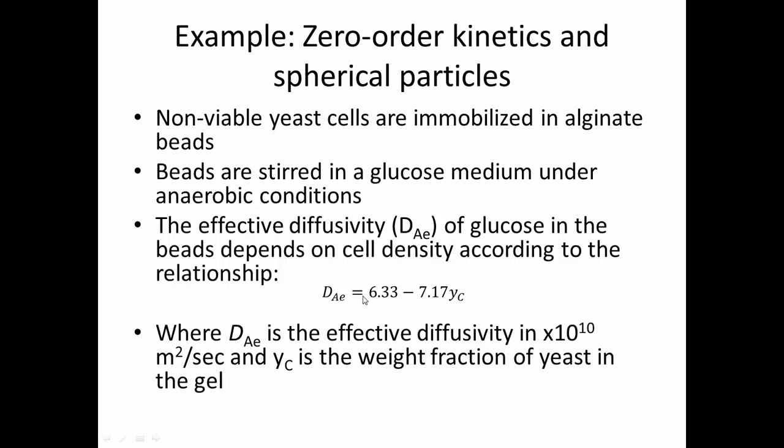The effective diffusivity equals 6.33 minus 7.17 multiplied by the yeast concentration, the weight fraction of yeast in that gel. It should be noted that the D_AE, or the effective diffusivity, is in terms of 10 to the negative 10th meter squared per second.